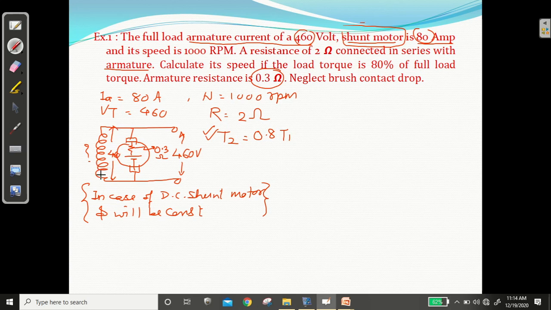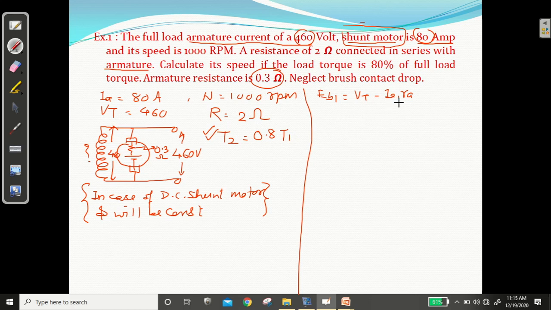Now, first of all, can we calculate EB1? In the first case, EB1 equals VT minus IA1 RA, without any insertion, in the armature circuit.